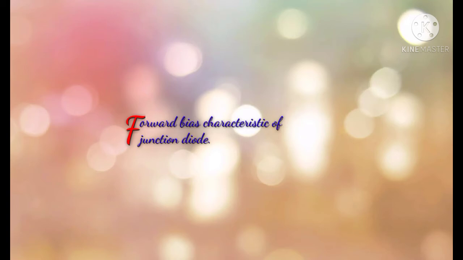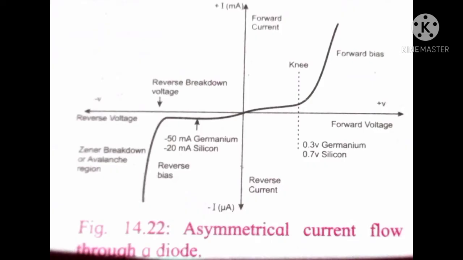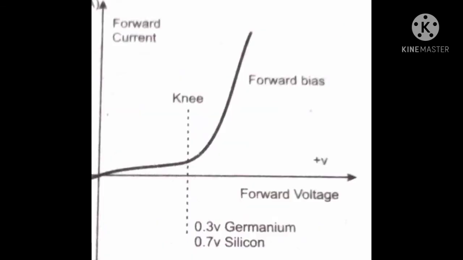Take voltage on the x-axis in volts and current response on the y-axis in milliamperes, as shown in the figure. Listen carefully. This figure shows the IV characteristic of a forward bias PN junction diode. Initially, the current through the diode is very low and then there is a sudden increase in the current.